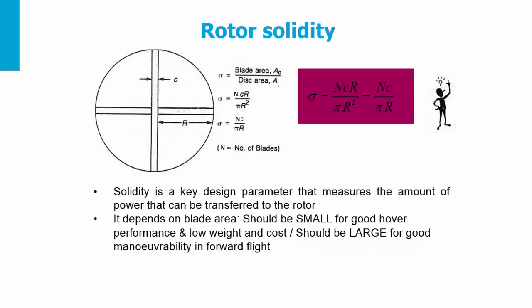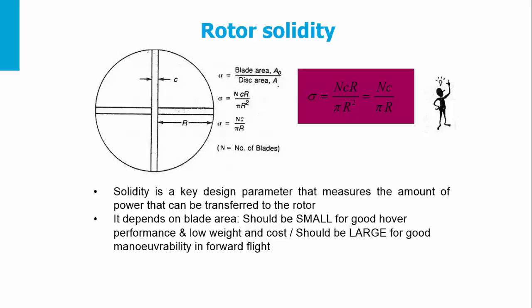One has to define the so-called rotor solidity, sigma. The rotor solidity is a design parameter defined as the ratio between the solid area of the rotor and the total area of the rotor, N c R divided by pi R squared.